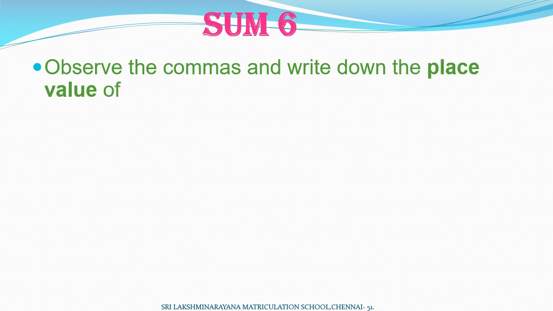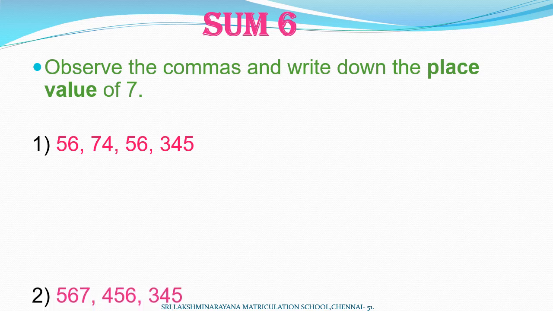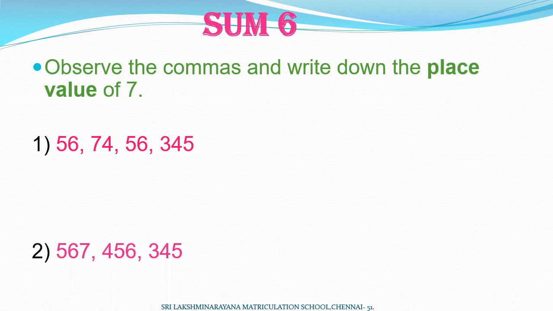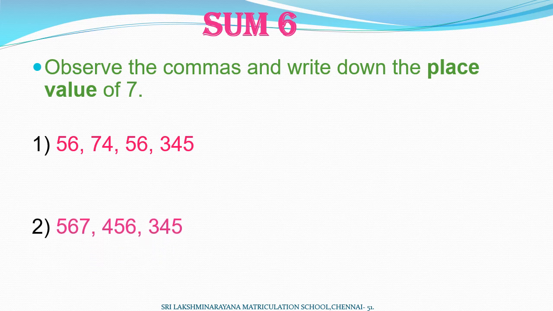Observe the commas and write down the place value of 7. Number 1, 56 crore 74 lakhs 56,345. It is in the Indian system. And the second number, 567,456,345.